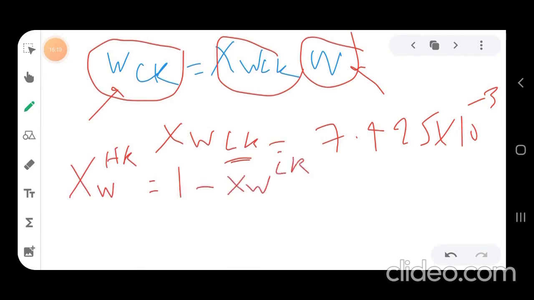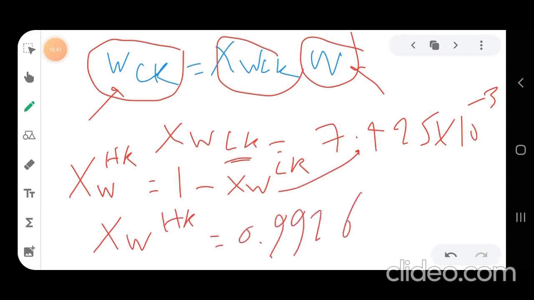Why? Because the summation of all mole fractions is equal to 1, and we have only two components in the waste, the light key and the heavy key, as the light key will be recovered totally in the distillate. So we know this, it is here, so we can easily get x_W of the heavy key, which will be 0.9926.